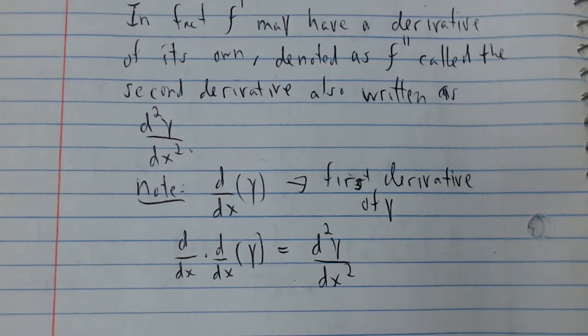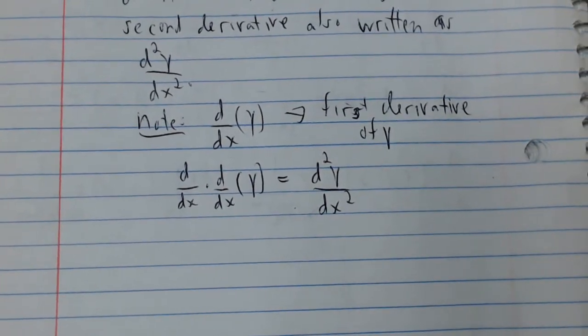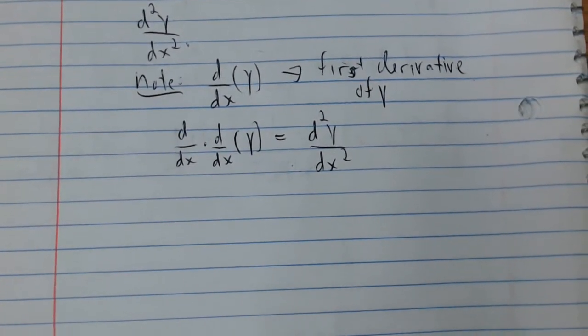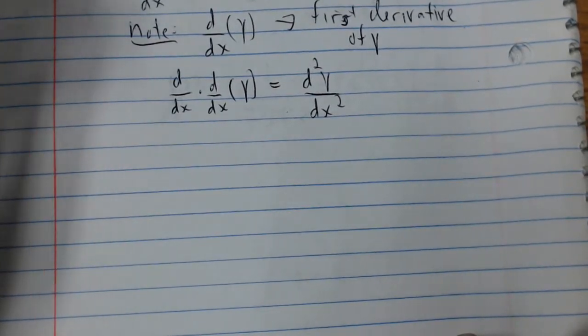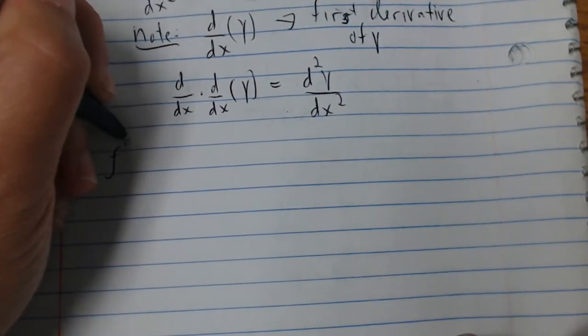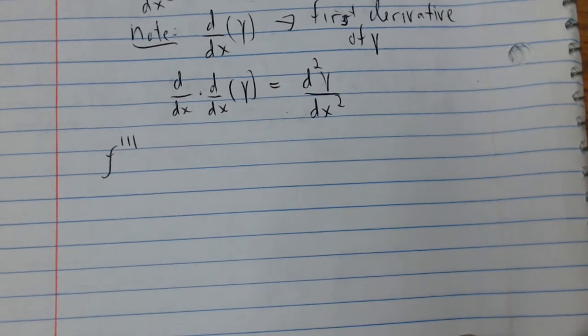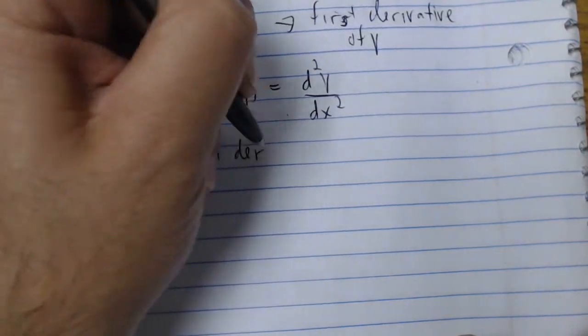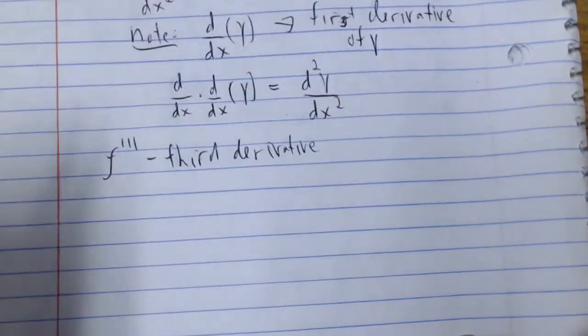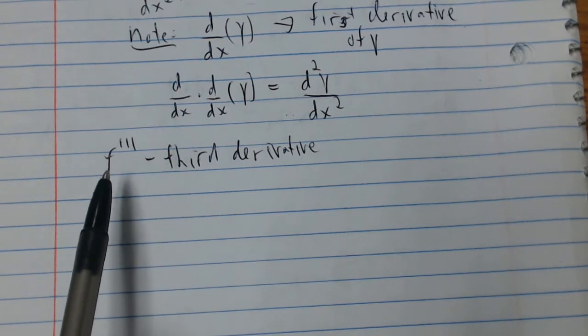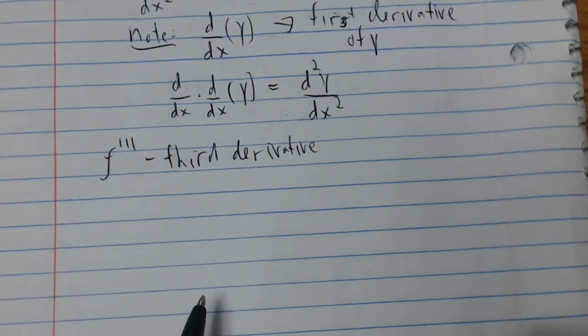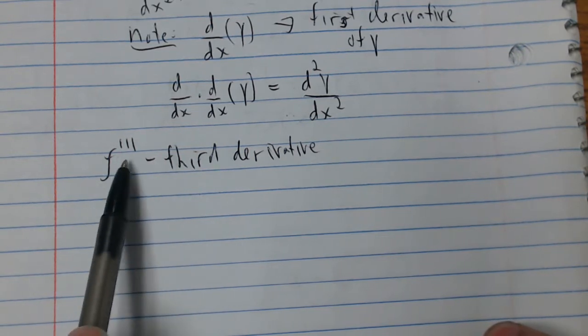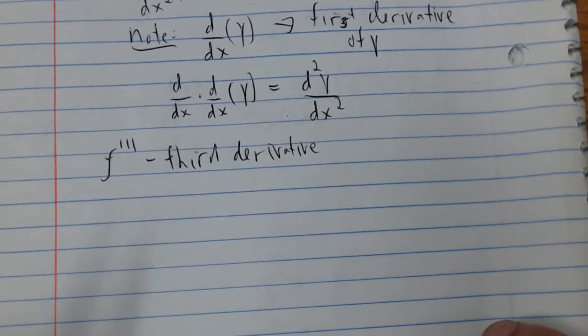So I'm sure you could guess what the third derivative looks like, and so on. What we notice is f triple prime is strictly the third derivative, which means you're finding the derivative of the function f 3 times. After the third derivative, we no longer put these hashes, because what am I going to do for the 15th derivative?